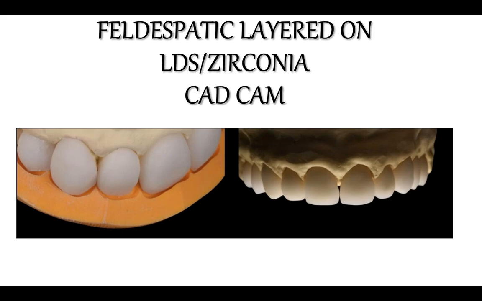If you do this type of ceramic, which looks beautiful and apparently has some benefits, I think it's better to have an occlusal guard placed on this type of patient.